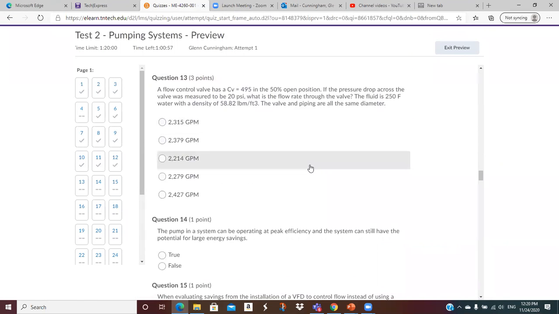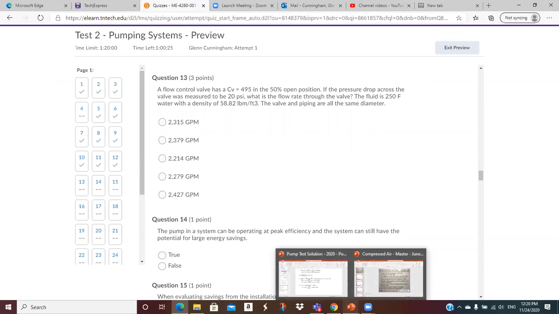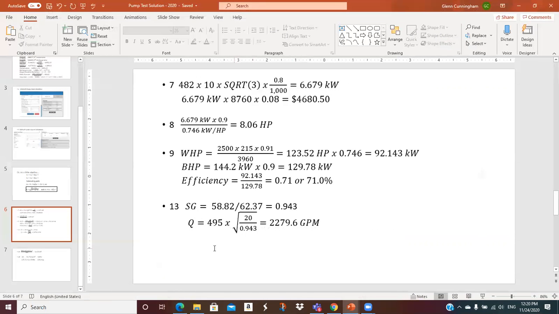Okay, 13. A flow control valve has a CV equal to 495 in the 50% open position. If the pressure drop across the valve is measured to be 20 psi, what is the flow rate through the valve? The fluid is 250-degree water with a density of 58.82 pounds mass per cubic foot. The valve and piping are all the same diameter, so we don't have to mess with a geometry factor. And so on this one, pretty straightforward.